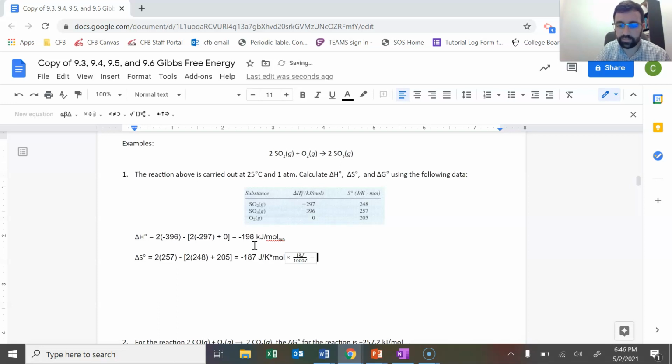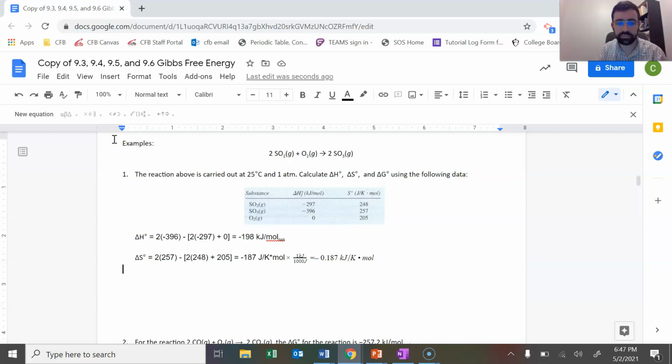I'm going to take my negative 187 and multiply by 1 over 1,000. So that ends up being negative 0.187 kilojoules per Kelvin mole. And that allows us to do our calculation for delta G.